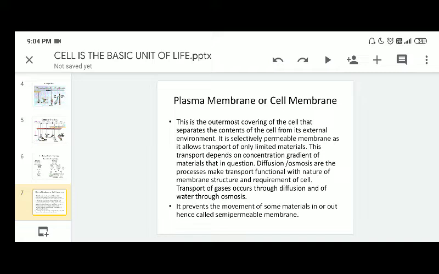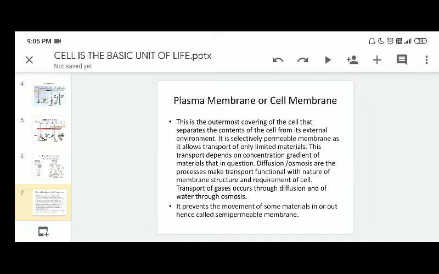It is a selectively permeable membrane as it allows transport of only limited materials. This transport depends on the concentration gradient of the materials in question, meaning that particular substance which is to be transported.